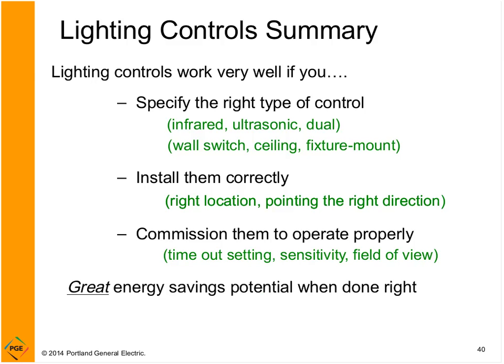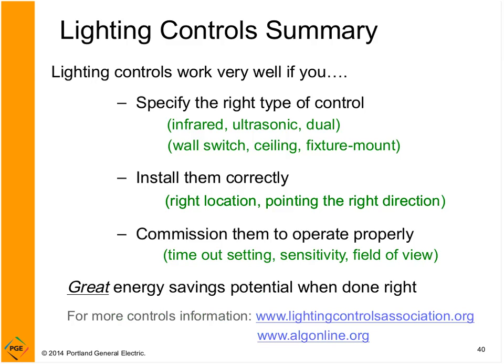So there's great energy savings potential when it's done right. And again, there's generous Energy Trust incentives for these. If you want more information than you'd probably ever want to know about controls, there are very good websites here, the Lighting Controls Association, and also the Advanced Lighting Guidelines has good information on that.